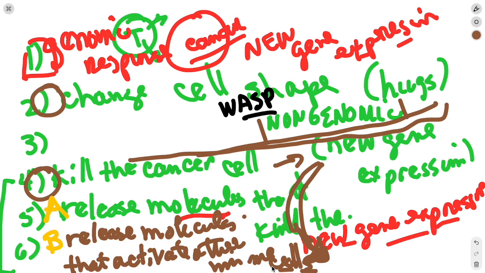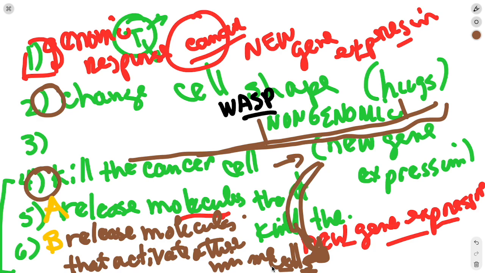So B would just be release other molecules, where the CAR T cell becomes a source cell. It's releasing molecules that are going to affect the cancer cell. It's releasing molecules that are going to affect other T cells. That's a cellular response, to make these.